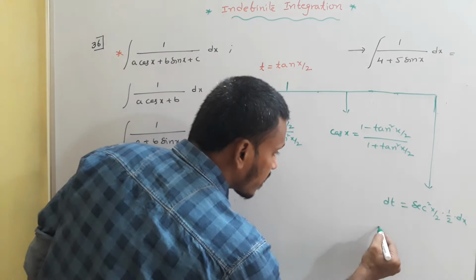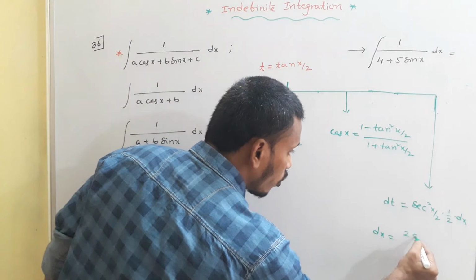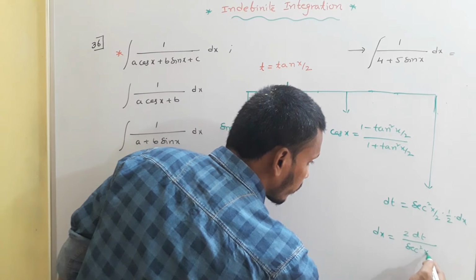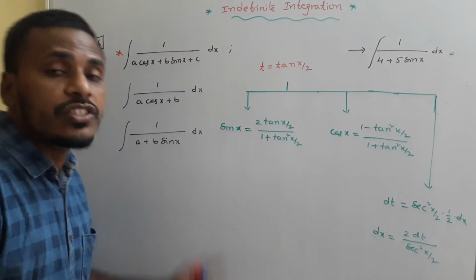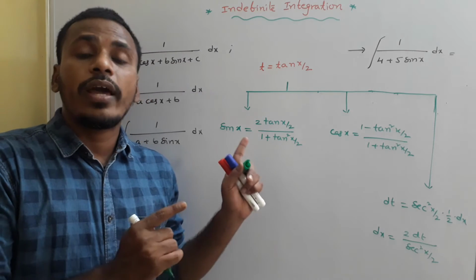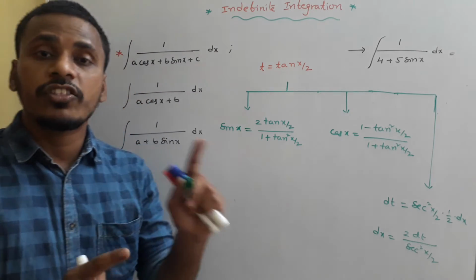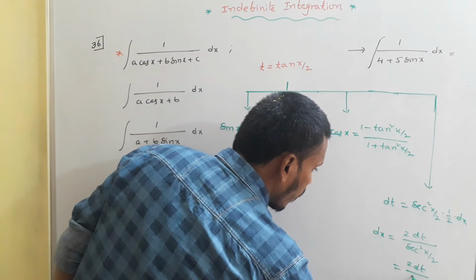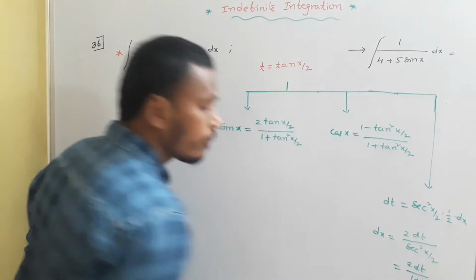And now dx is equal to 2 dt divided by secant square x by 2. Since tan x by 2 is t, secant square x by 2 is 1 plus t square. So this is equal to 2 dt by 1 plus t square.